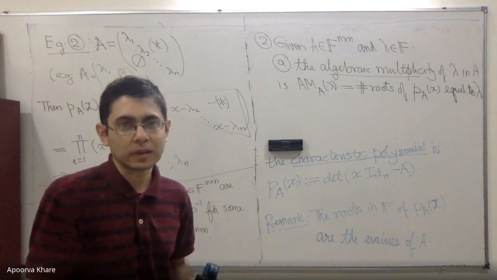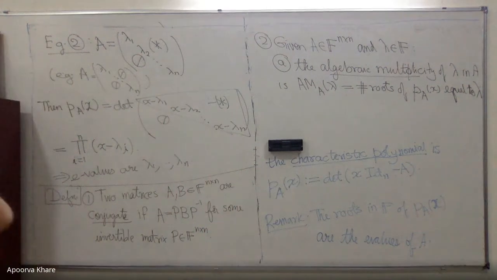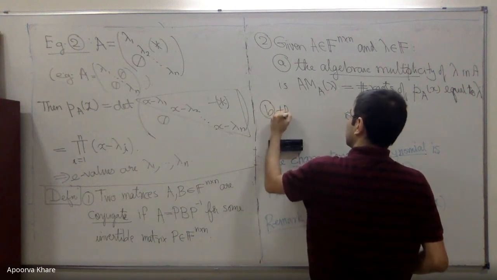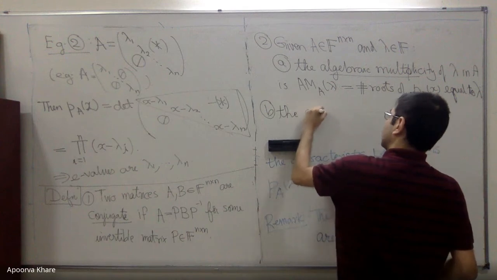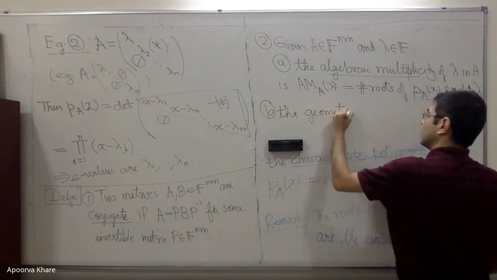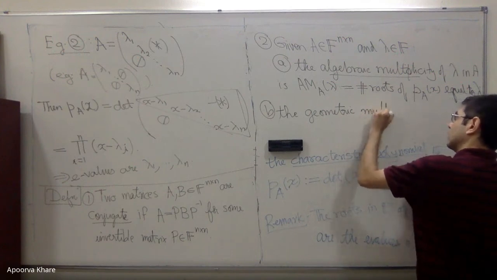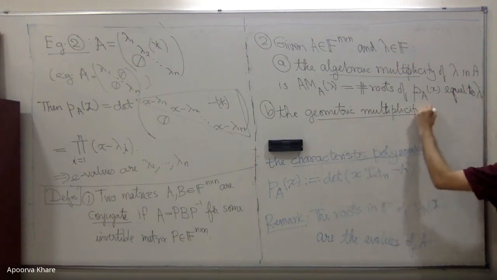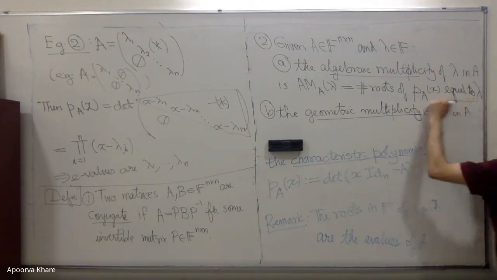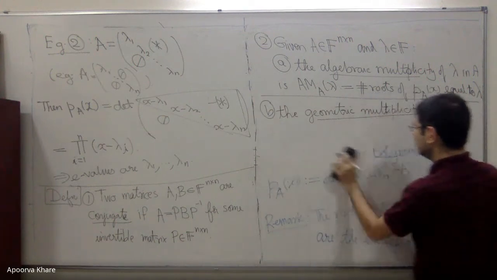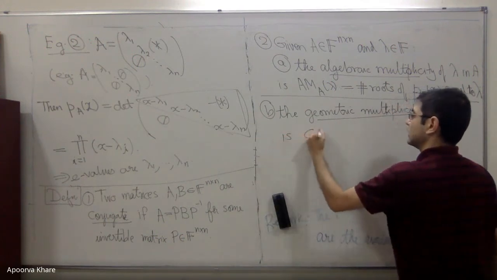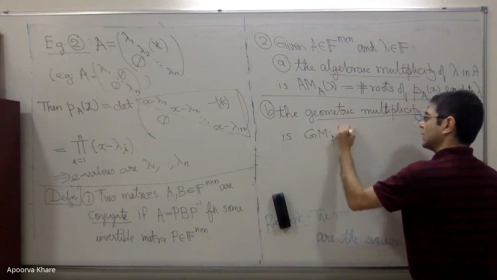So that's called the geometric multiplicity of lambda, let's call it GM of lambda.